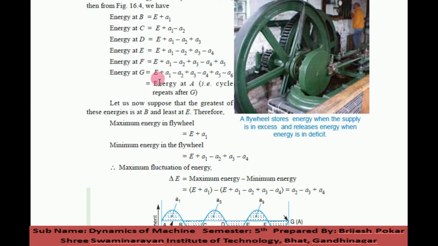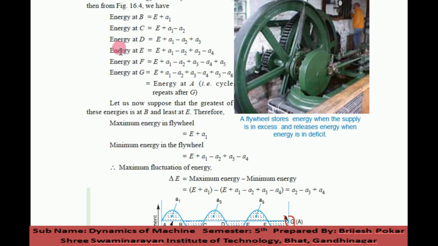Similarly for E, we subtract A4, and for F we add A5. So the energy at G, the end point, is E plus A1 plus A3 plus A5 minus A2 minus A4 minus A6.